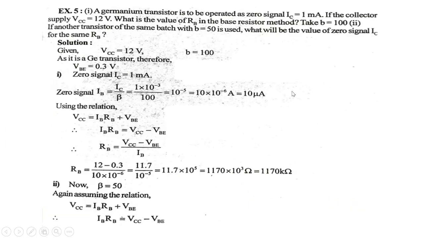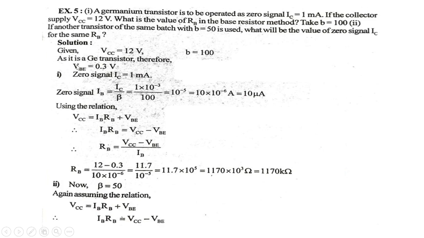Now see the next example. A germanium transistor is to be operated at zero signal IC equal to 1 milliampere. If the collector supply VCC equal to 12 volt, what is the value of RB in the base resistor method? Take beta equal to 100. And if another transistor of the same batch with beta equal to 50 is used, what will be the value of zero signal IC for the same RB?